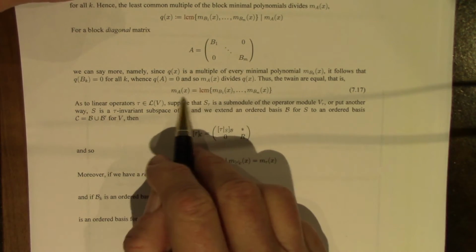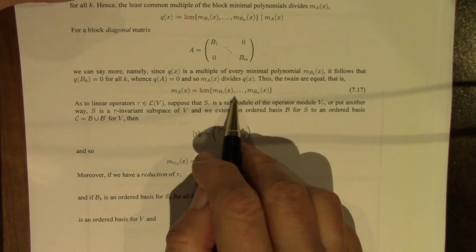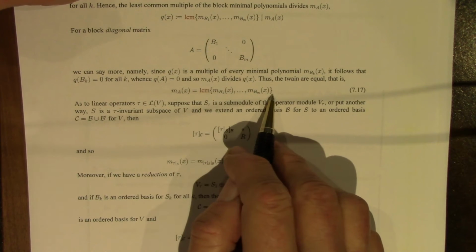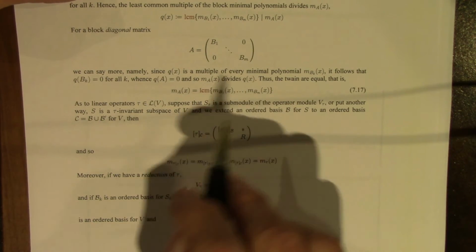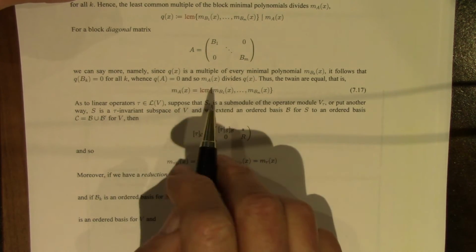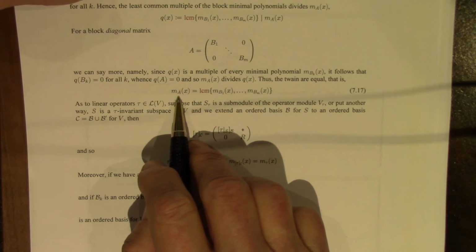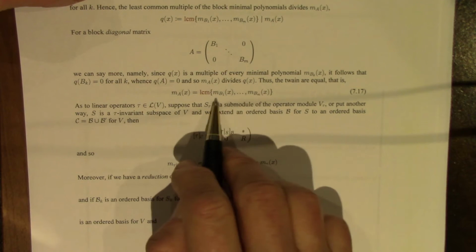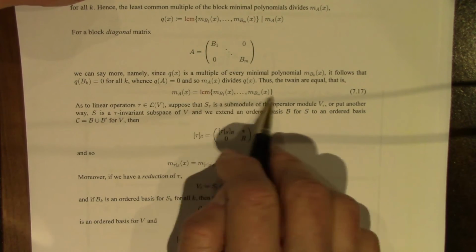And therefore we have equality. The minimal polynomial of A is equal to the least common multiple of the minimal polynomials of the blocks on the diagonal. Again, for the characteristic polynomial, the characteristic polynomial of A is equal to the product of the characteristic polynomials. So we have a sharp result, equality, but this one's a little more involved, I guess you might say.